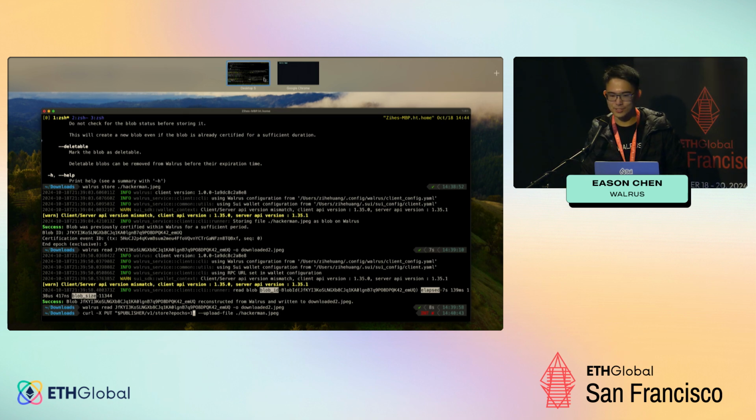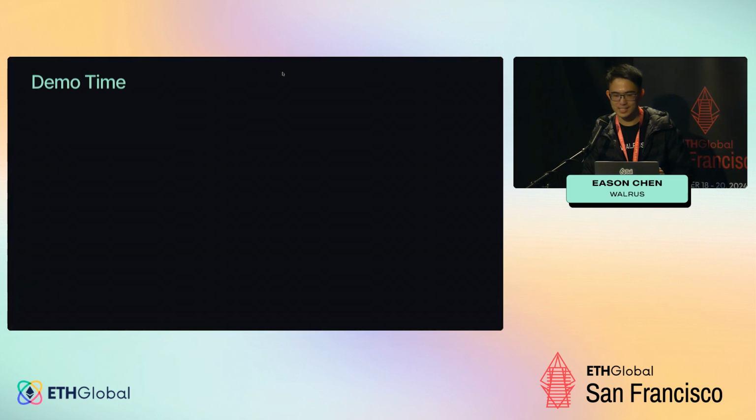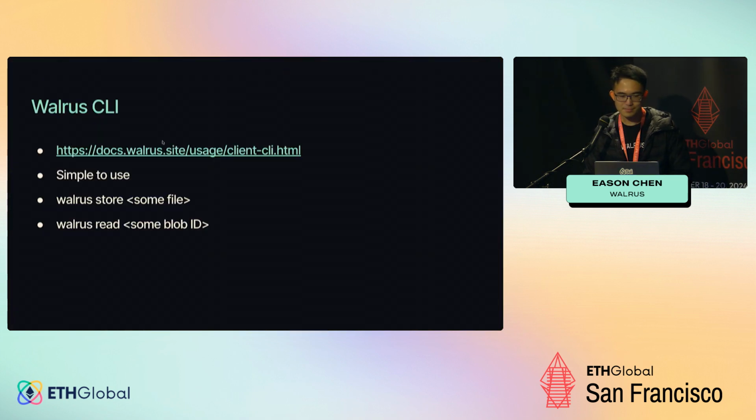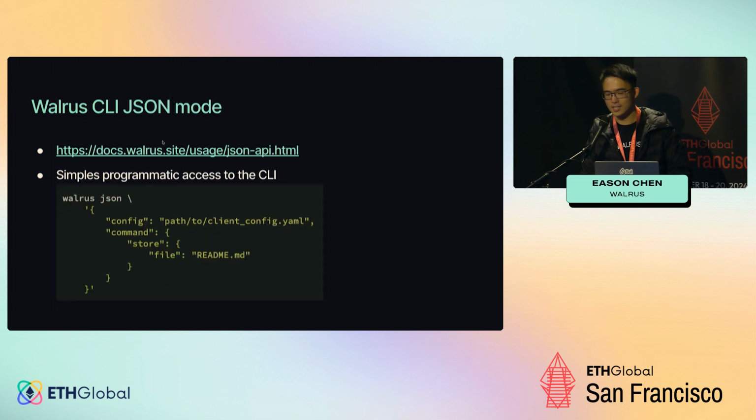Okay, cool. I'm going to show you guys quickly one more thing. So, Walrus CLI, pretty simple to use. Walrus store, Walrus read, right? Just go to docs.walrus.site. You'll find all the information there. There's also a JSON mode that allows you to interact with it more programmatically.